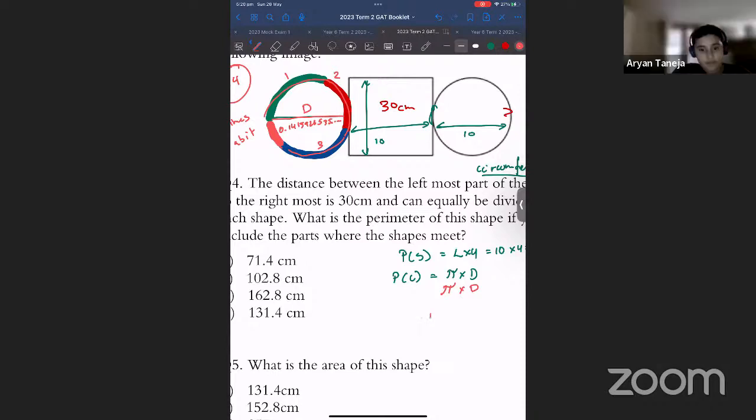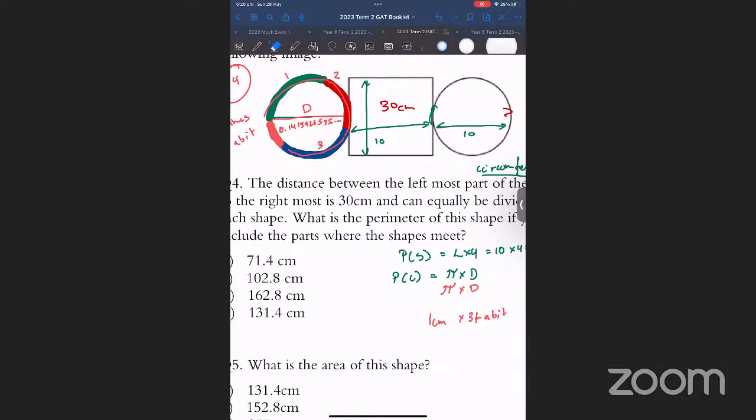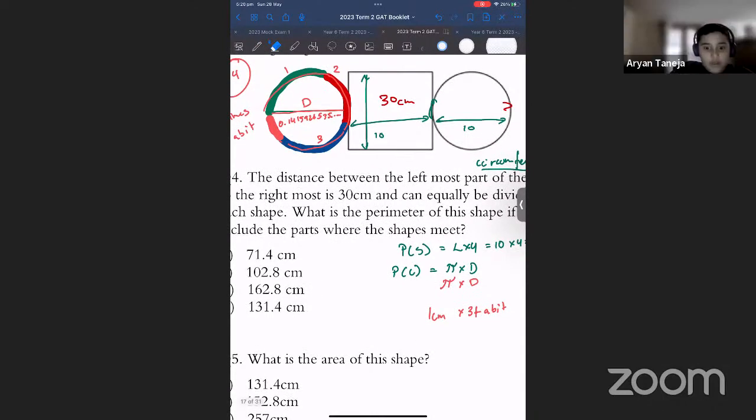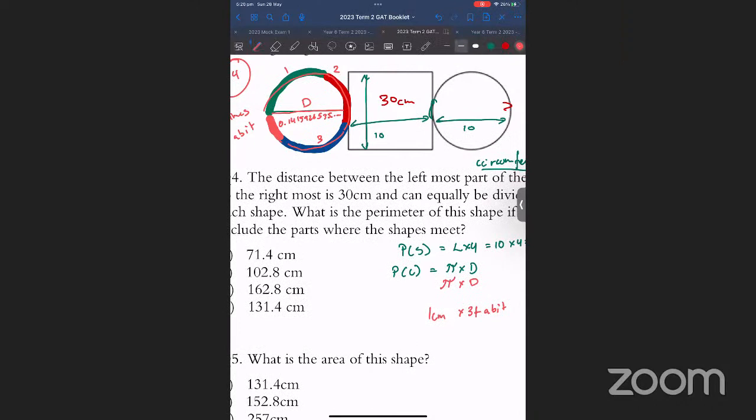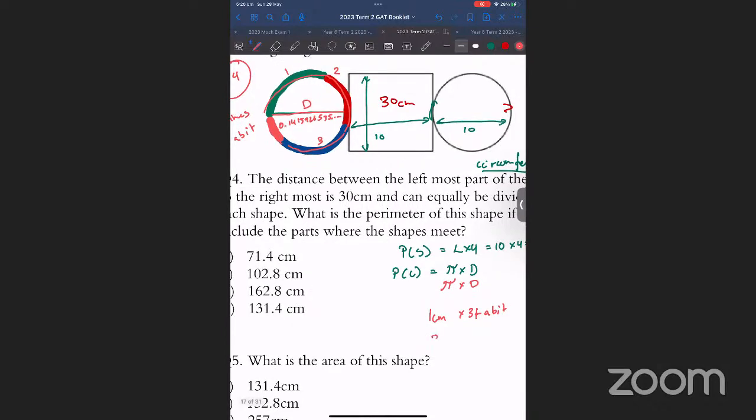If the diameter is 1 centimeter, we know it goes around 3 and a bit times, so the distance around is basically 3.14.